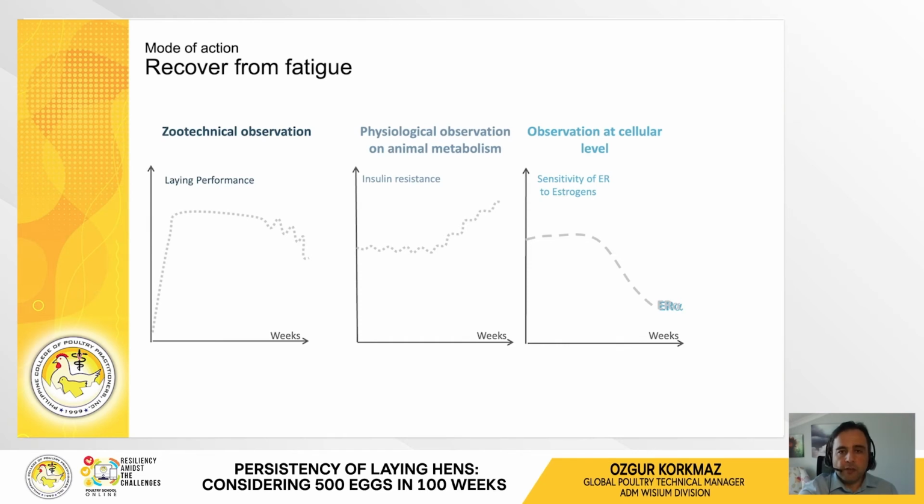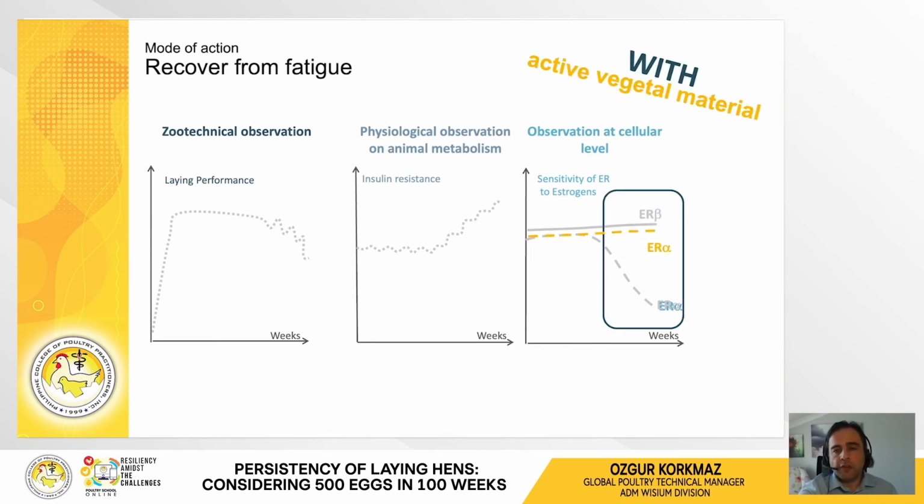The target is to create insulin sensitivity by restoring the estrogen alpha receptor with this active vegetal material. Later on, insulin resistance does not increase, it stays stable, and consequently, laying performance will not decrease. Laying performance will stay the same, considering genetic targets, and we will have higher persistency.